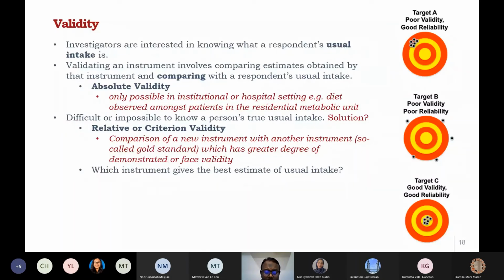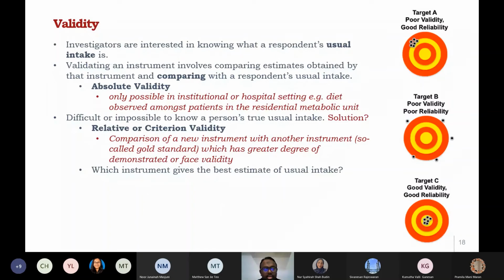If the person is institutionalized in a hospital setting, sitting in a ward, then we can monitor them. We are not supposed to just stand beside them. We can have CCTVs and so on to monitor their eating activities. But it is very difficult, and most of the time impossible, to know a person's true usual intake.